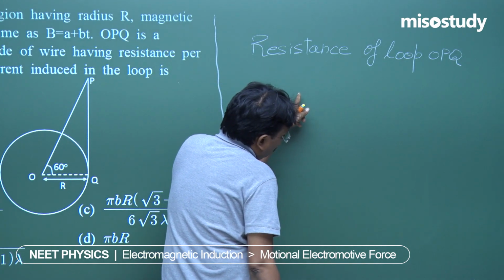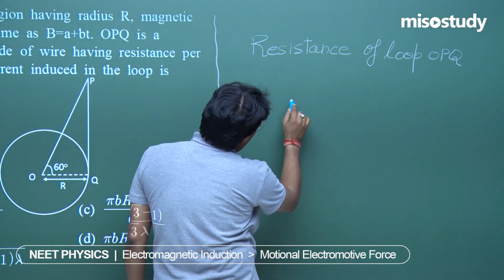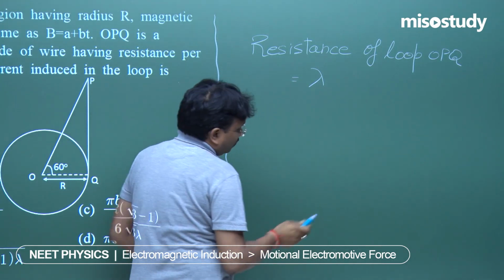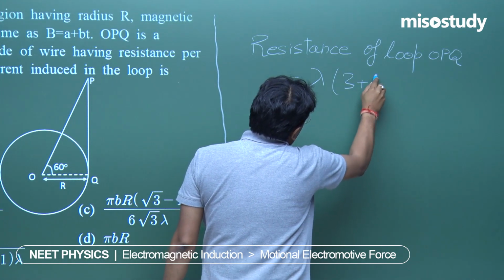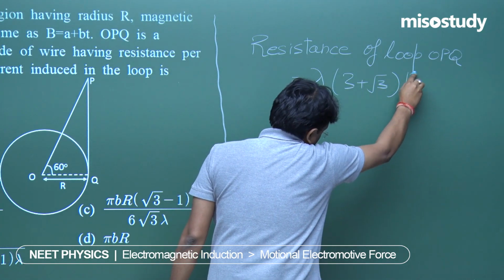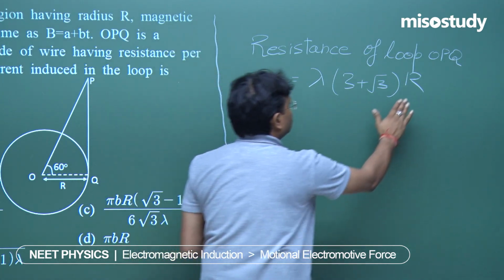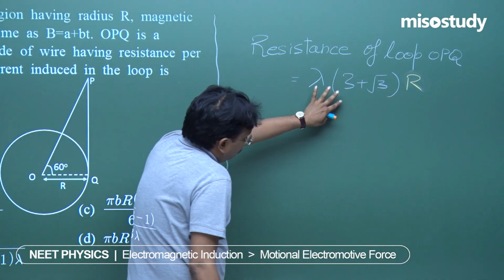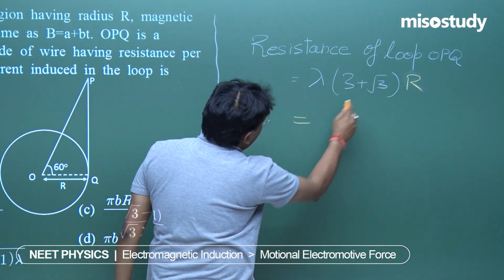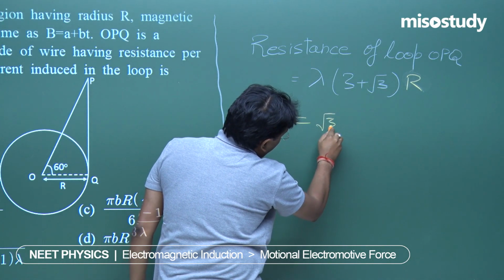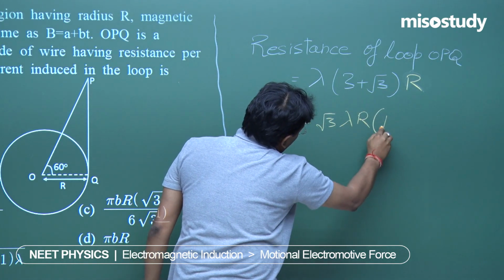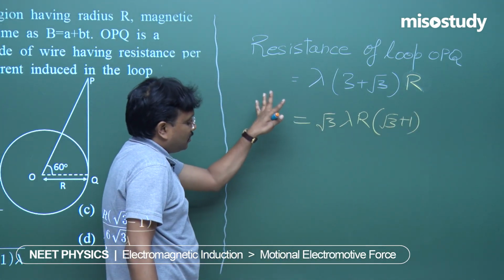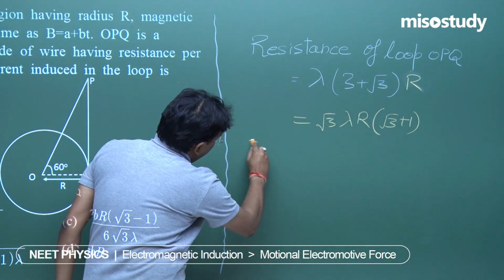So, resistance of loop OPQ is equal to lambda and then total length, fine. So, lambda into (3 plus root 3) R. Yes, I think I should write this R with a different color, R, fine. So, this is the total length of this, that you can say, take it out common like root 3 lambda R (root 3 plus 1). This is something that you can any point of time do, okay. Now, this is nothing but arranging the terms.